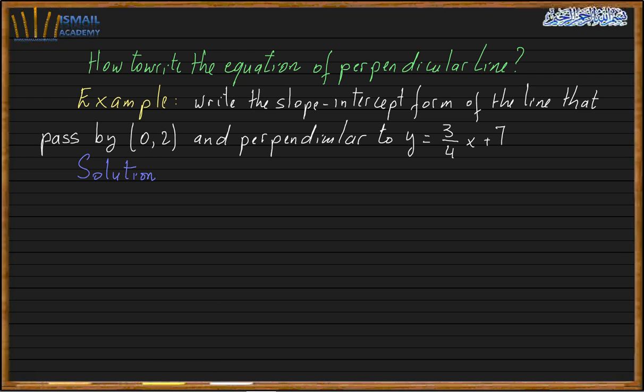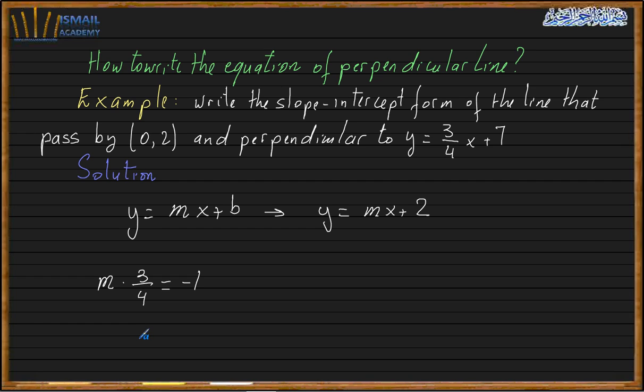So here I can go straight to my equation, y equals mx plus b, because they already gave us the y-intercept, which is 2. So this becomes y equals mx plus 2. What's left now is the slope. I know that the slopes of the two lines, when we multiply them together, give us minus 1. So m times 3/4 equals minus 1.